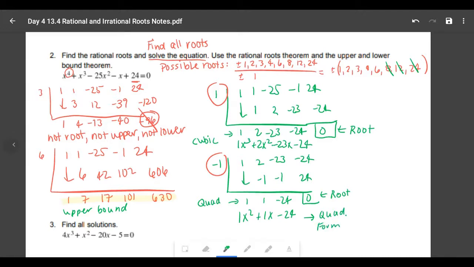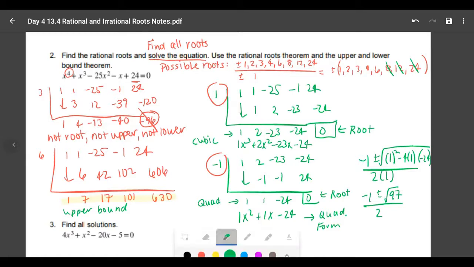And if you don't remember that, it's the opposite of b plus or minus the square root of b squared minus 4ac all over 2a. All right, so that gives me -1 plus or minus the square root of 1 plus 96, which would give me the square root of 97 all over 2. Now, you can't simplify the square root of 97, and you can't reduce anything.